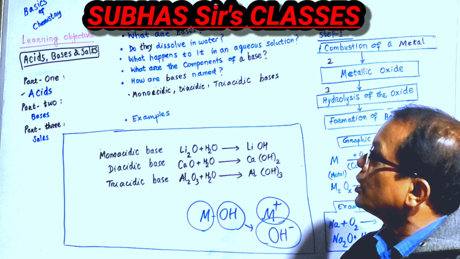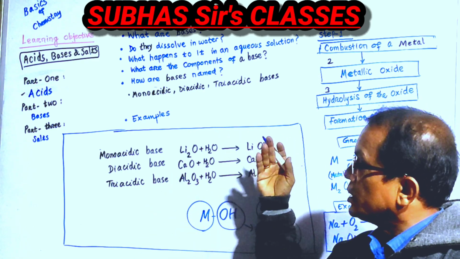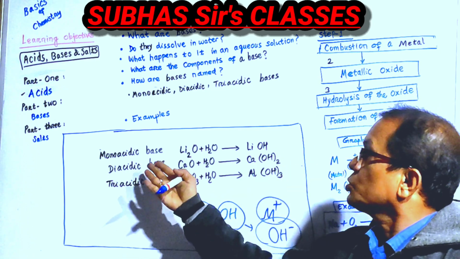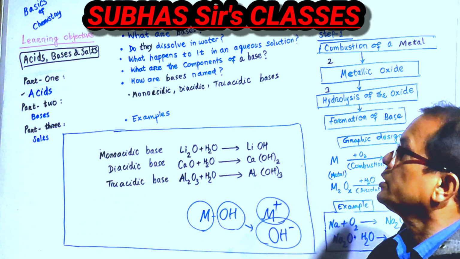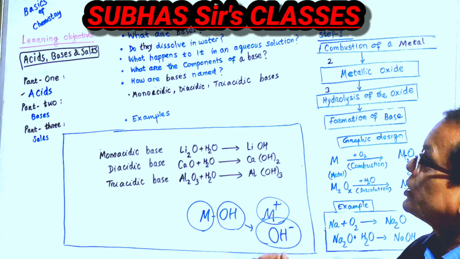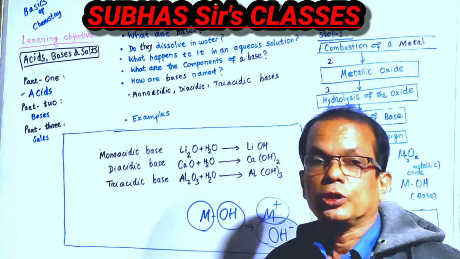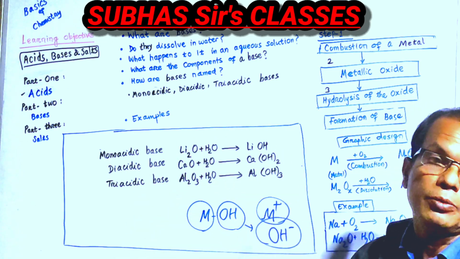Like monoprotic or monobasic, diprotic or dibasic, triprotic or tribasic, we can also call the bases with acidic names: monoacidic, diacidic and triacidic. And with this we classify the bases. And these bases, when dissolved in water, give us metal ions and hydroxyl ions. With this we conclude the introduction of acids and bases.